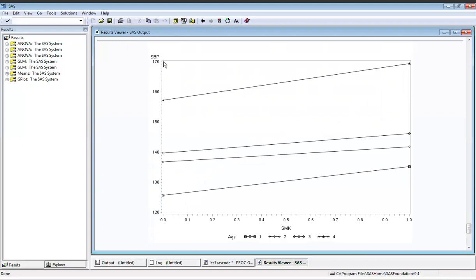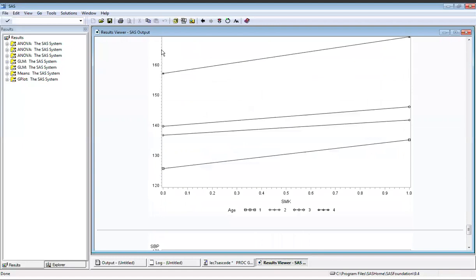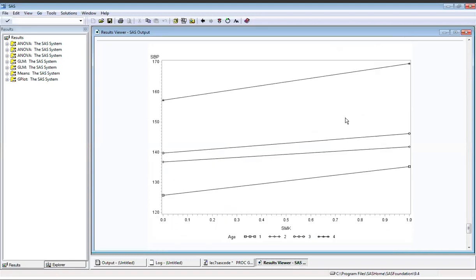And the other figure is for SBP versus smoking status. Again, we can ignore the lines between them, because we only have data at smoking equal to 0 and 1. So basically here are the means for the non-smokers of each age group, and here are the means for smokers for each age group.